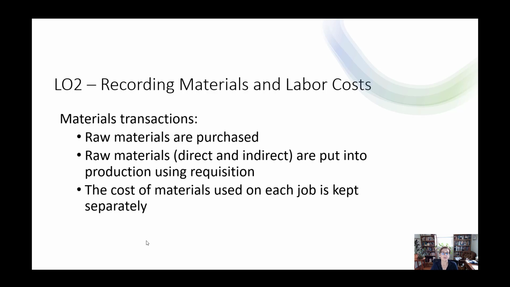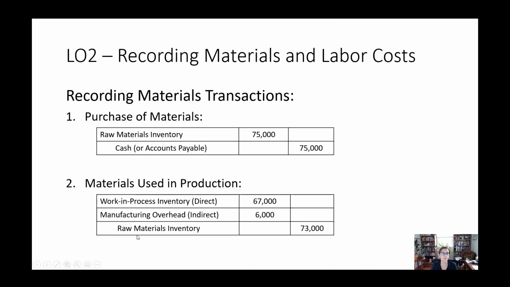So if you think of a printer, they're going to buy paper and cardboard and other things like that, and glue, and then they're going to put those into production using a requisition. So they need a certain amount of paper, which would be direct materials, and then a certain amount of glue, which remember would be an indirect material.